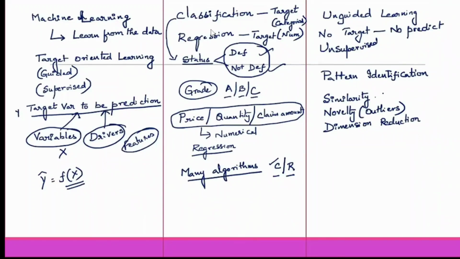So similarity is a very classic problem called clustering, right? Novelty and outlier detection, dimension reduction. So these are some of the common kinds of pattern identification problems that we could still do by learning from the data, right? We are going to talk about a lot of these kinds of problems as we move along, and how to solve them as well.